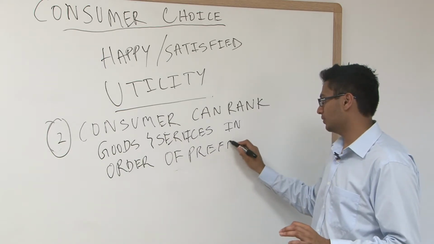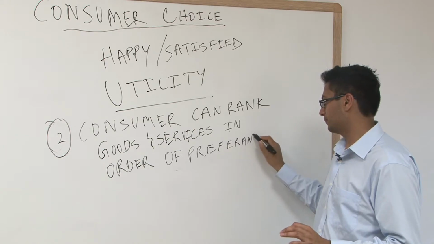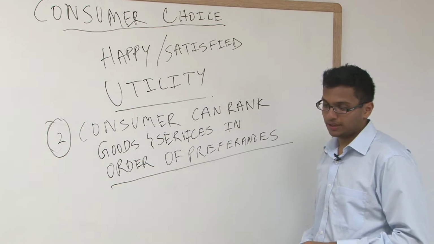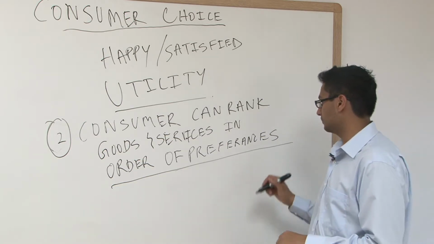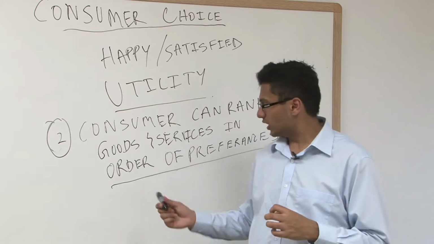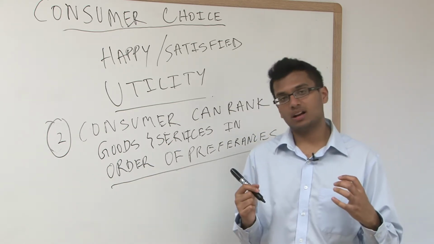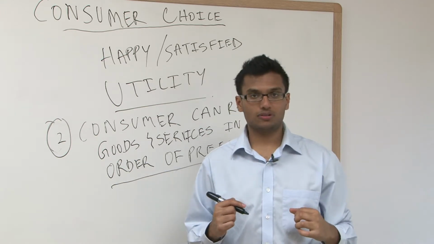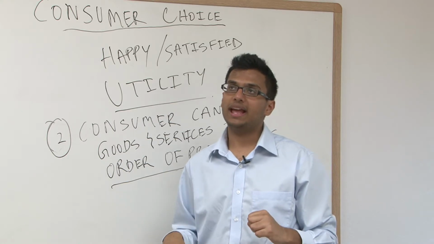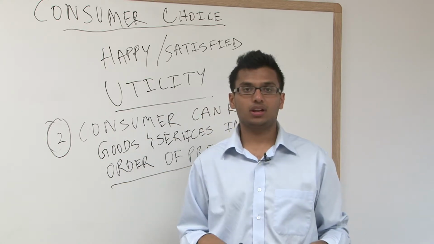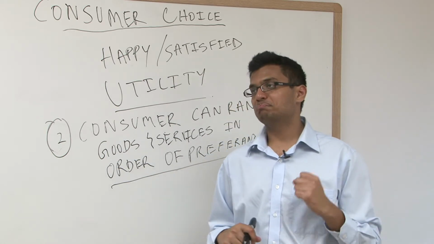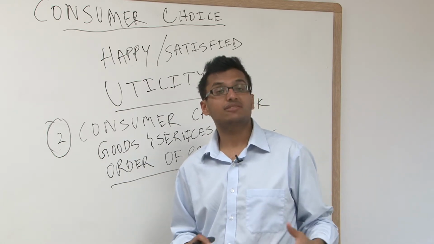Why is this important? Well, the reason why we can say this assumption is important is because you as a consumer, if you say, hey, you know what, I'm going to go and spend X amount of money on education, and then I'm going to spend X amount of money on pizza, X amount of money on a TV, right?